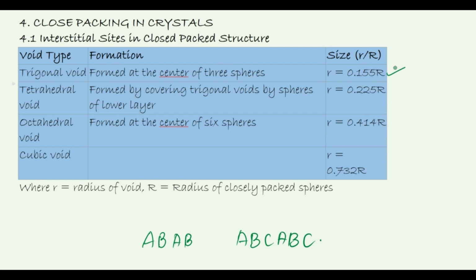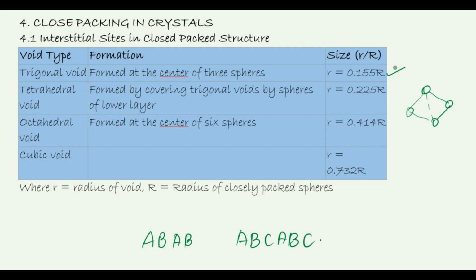And the tetrahedral void is formed by covering the trigonal voids by spheres in the lower layer. You know about the tetrahedral shape. Right? Then the octahedral void, formed at the center of the 6 spheres. The formula is 0.414 R.